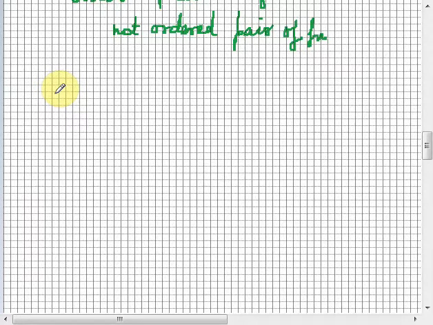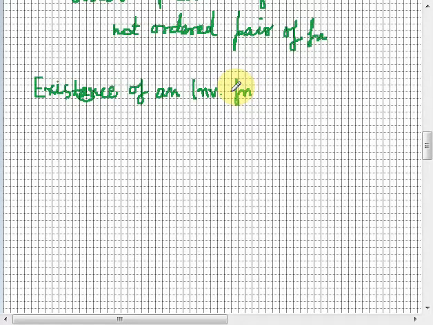Now we discuss the next topic: existence of inverse function. That is, when an inverse function exists or not.